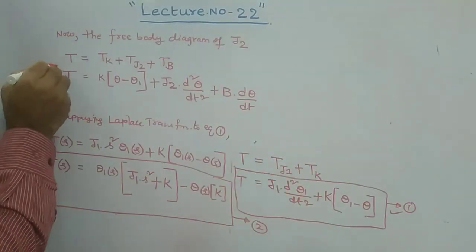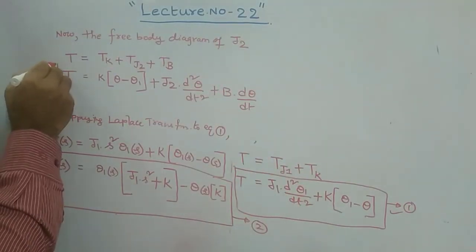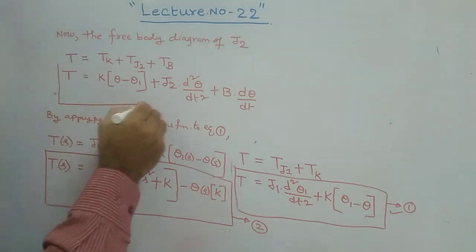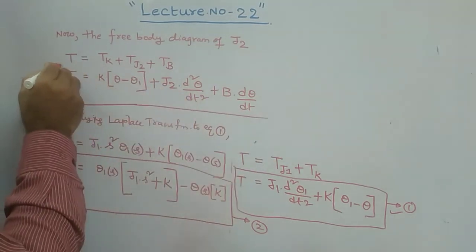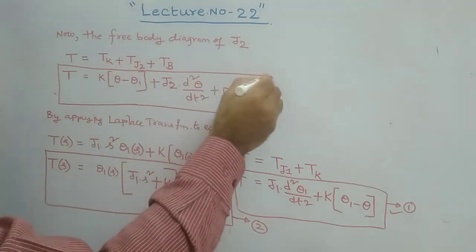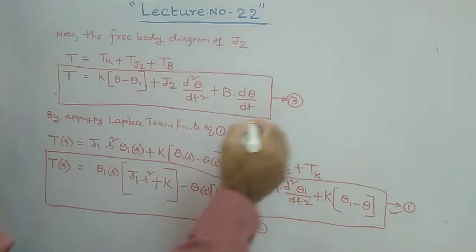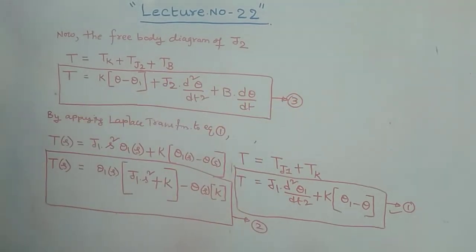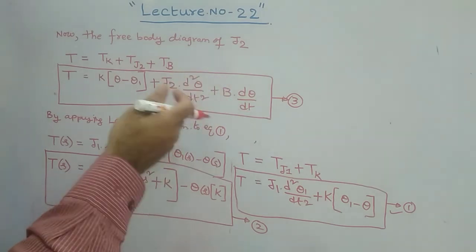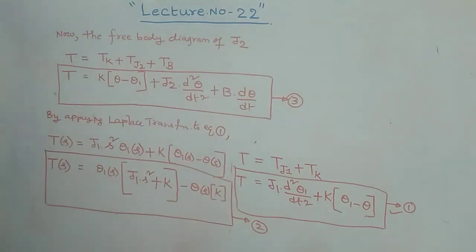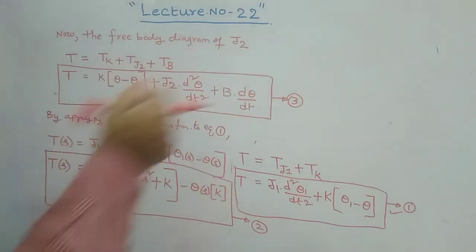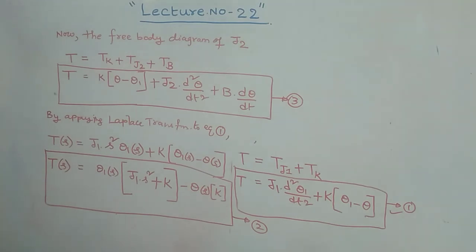Now this is your differential equation, call it equation number 3. This is the differential equation with respect to the moment of inertia J2 of the mechanical body, which has moment of inertia J2, with respect to the second block, you can say. So this is the differential equation.